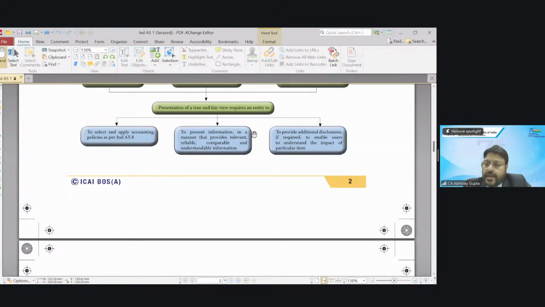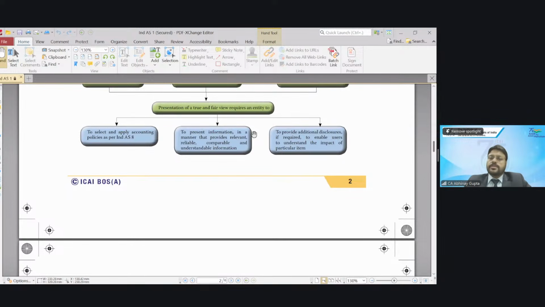And to provide additional disclosures if required, to enable users to understand the impact of a particular item. Although all the Ind ASs have their minimum disclosure requirements, still, if we believe that we need to explain a particular transaction or item in more detail, so that users of the financial statements will be able to understand its impact easily, then probably we should go the extra mile and provide certain additional disclosures where it helps the users.